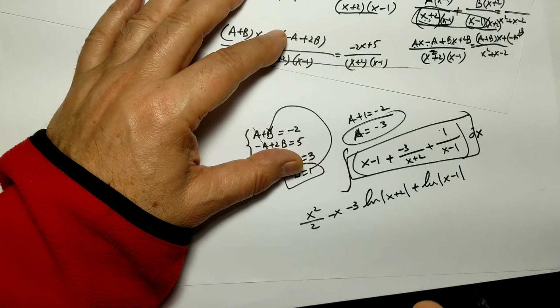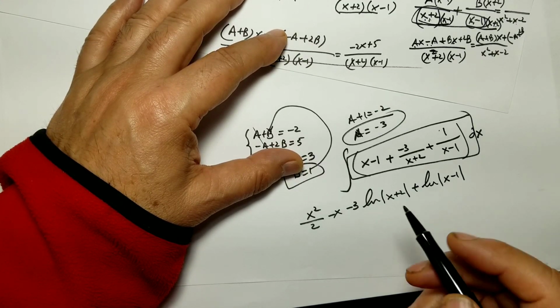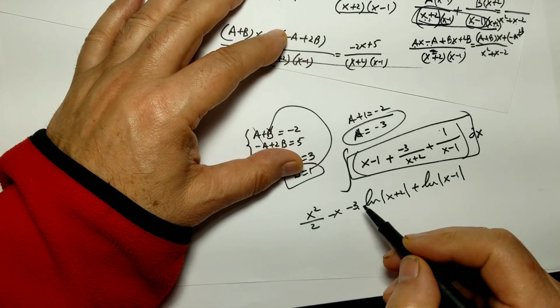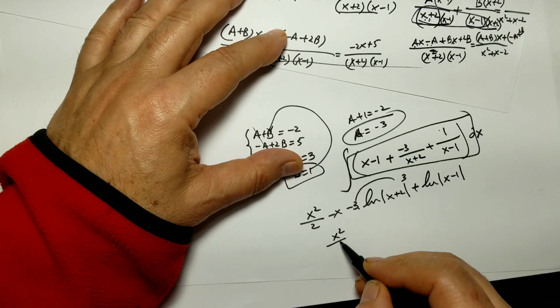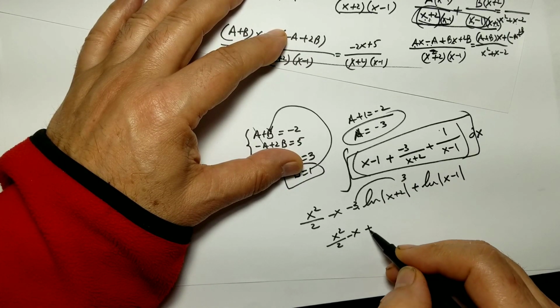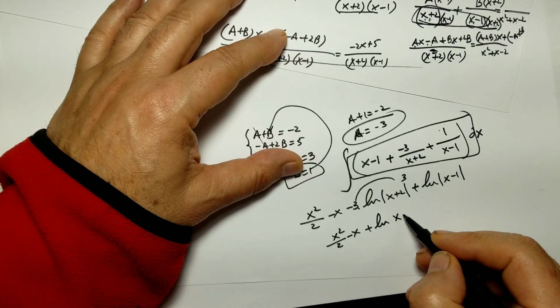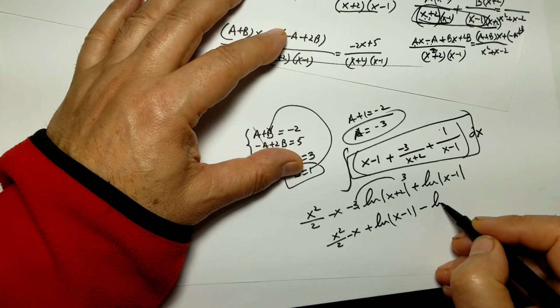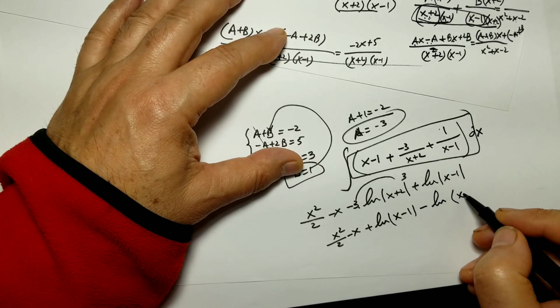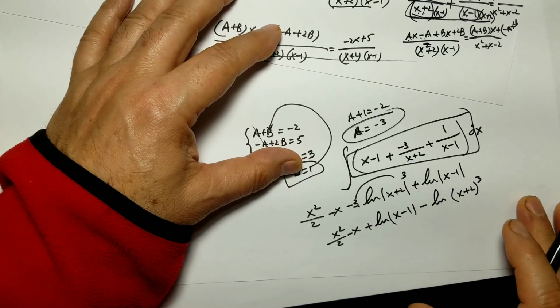If you really want to apply some technique or rule of logarithms, remember that's the 3. The 3 can move over here, and I'm going to write x squared over 2 minus x plus natural log of x minus 1 quantity. I'll write my positive first, then I'll write my negative next, which is x plus 2 cubed.